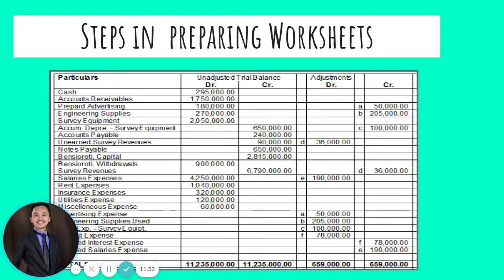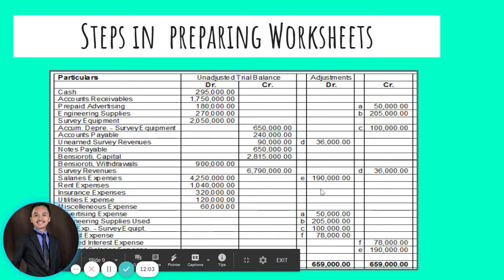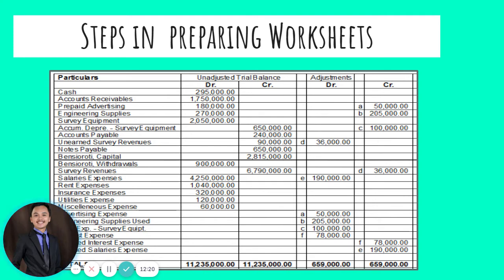So that will be our second step, to integrate our adjustments in the third and fourth columns of our 10 column worksheet. Don't forget to do the footing to check whether we have balanced debits and credits. Since we have total debits of 659 and total credits of 659, we can say that our adjustments were correctly plotted in our worksheet.